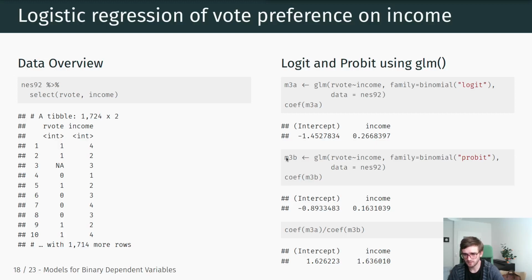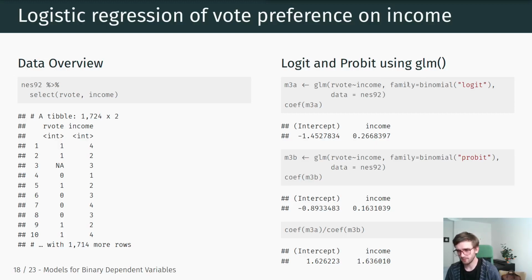The way we can do this is by specifying a similar model formula declaration. Our vote is our outcome measure, income is our predictor, which is equivalent to our basic linear regression specification.